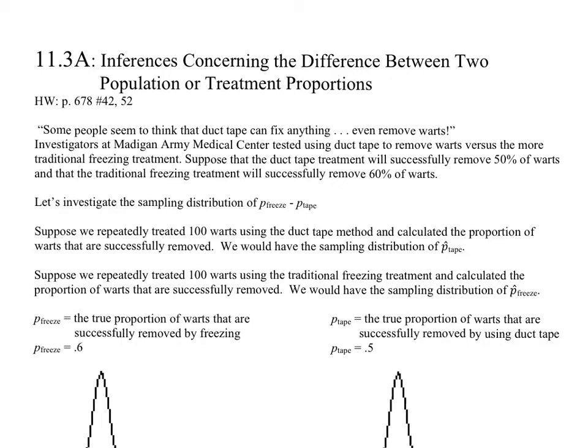In 11.3a, we're doing a confidence interval for the difference between two proportions. So we're going to jump straight into an example. Two methods to treat warts are to freeze them or to put tape on them.